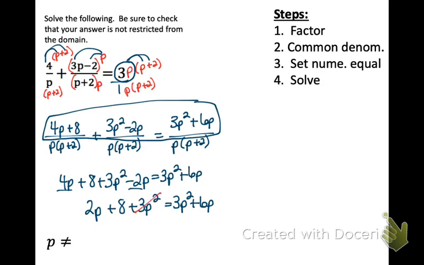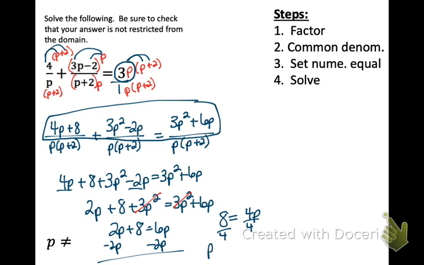Notice I have a 3p squared on both sides. Those are going to cancel out once I subtract that over. Subtract 2p. Sorry, I'm running out of room here. And then divide both sides by 4. We get p equals 2.